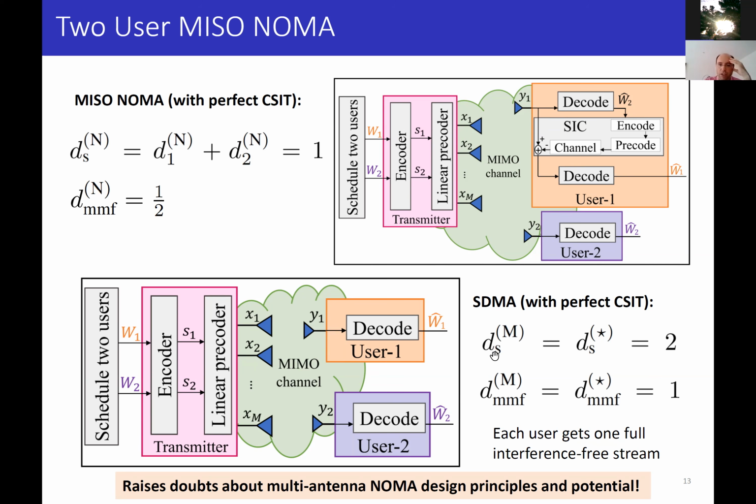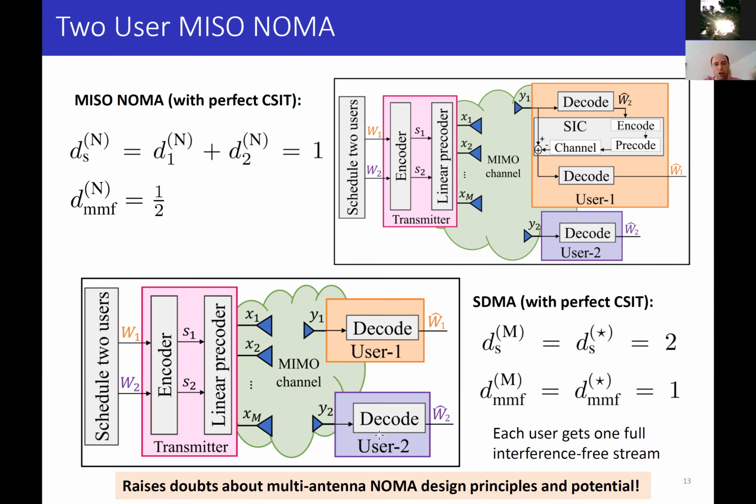You can transmit with a sum multiplexing gain that is equal to 2, and each receiver would actually get one interference-free stream. And so what you see here is that you would get a sum DOF with SDMA that is twice as large as what you get with MISO-NOMA, even though you have a receiver that is much simpler.